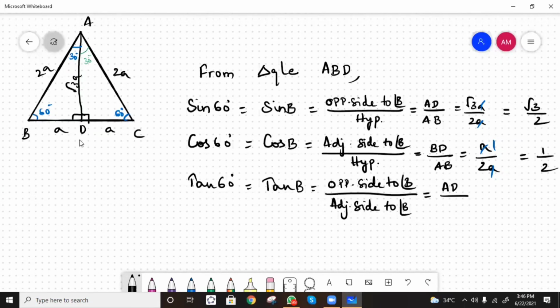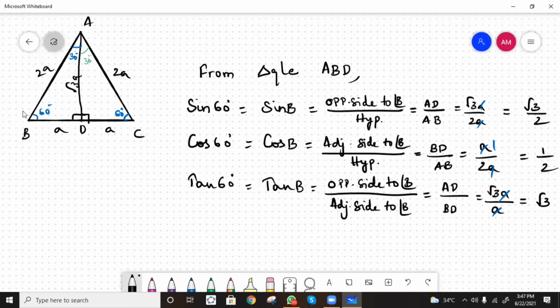It's nothing but AD. Follow my cursor. What is the adjacent side to B? It is BD. So this is equal to AD, root 3A, divided by BD, which is A. So let us cancel A. So we get root 3.